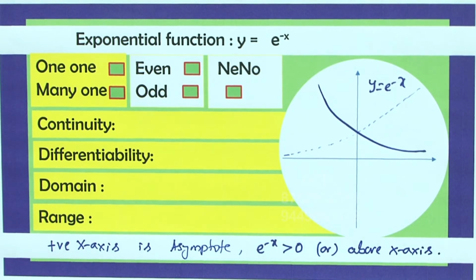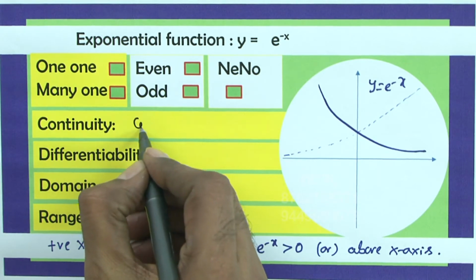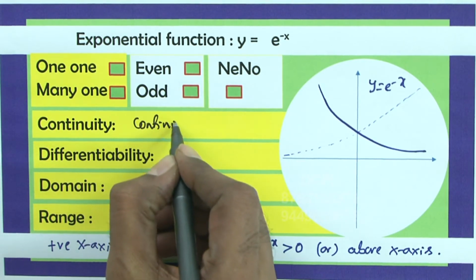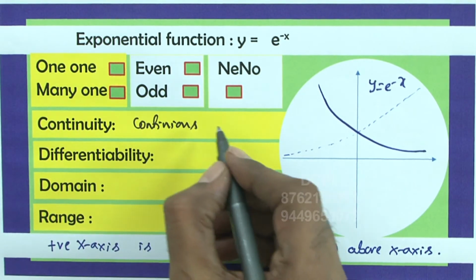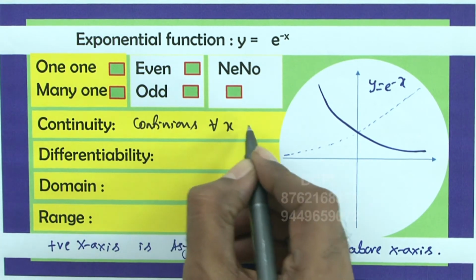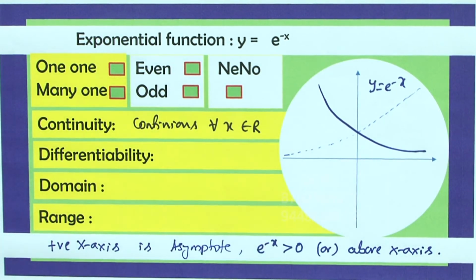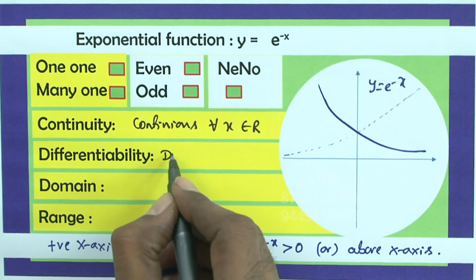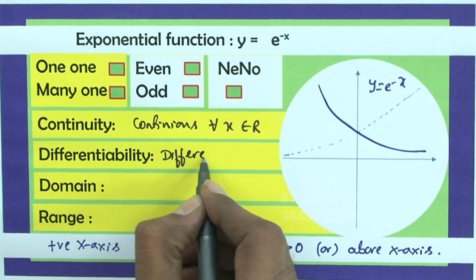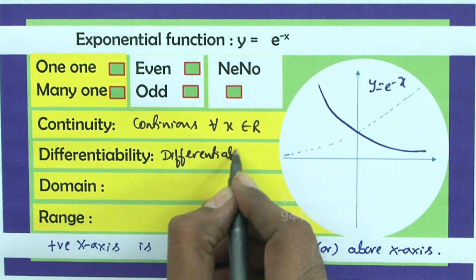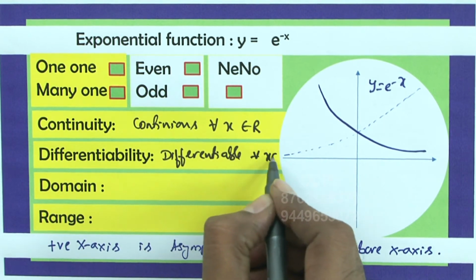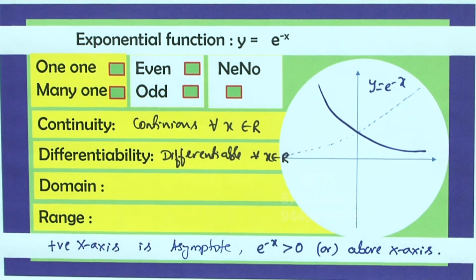With this knowledge, let us talk about continuity, differentiability and all. So no doubt it is continuous for all x belonging to the set of real numbers. It is differentiable for all x which belongs to the set of real numbers.